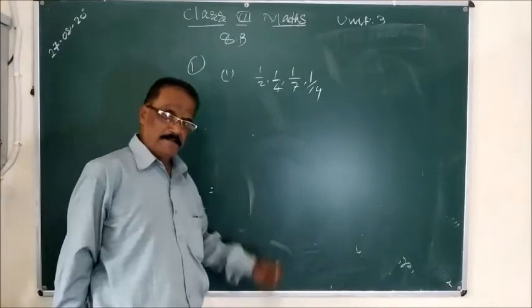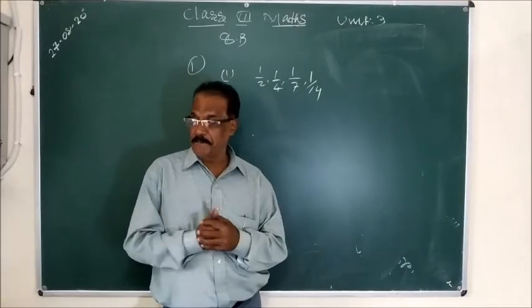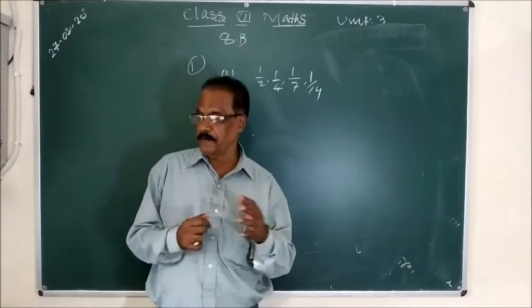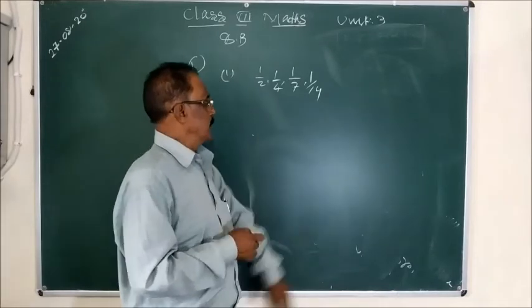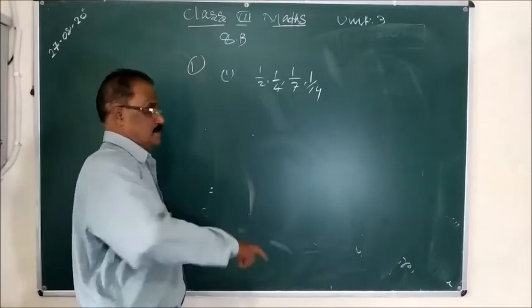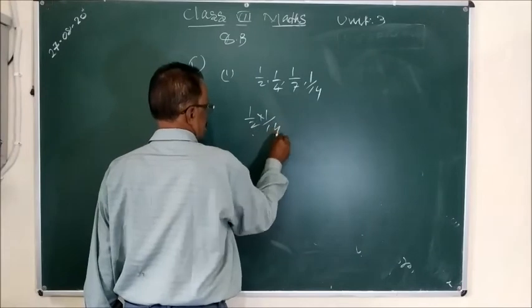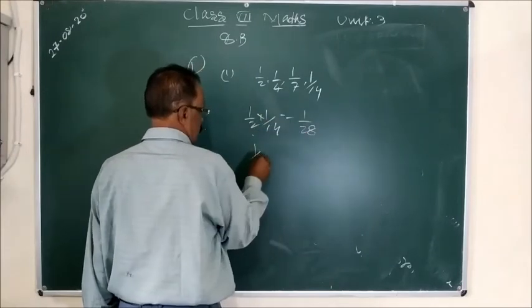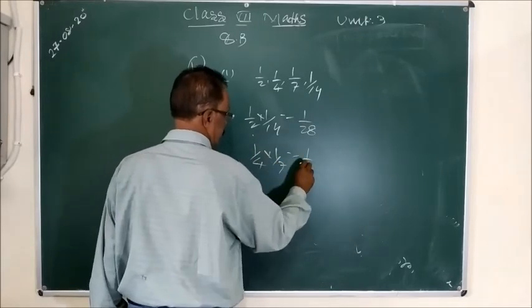How will you find it? I said that if these four numbers are in proportion, then the product of extreme terms should be equal to the product of means. So 1 by 2 into 1 by 14, we will get 1 by 28. And here, 1 by 4 into 1 by 7, we will get 1 by 28.